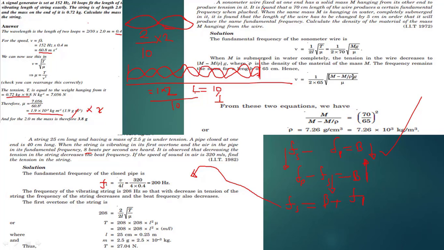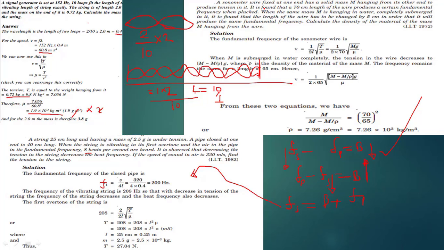So when it is hanging in water, it is completely submerged in it. It is found that the length of the wire has changed by 5 cm in order that it will produce the same fundamental frequency. Okay, calculate the density of material of the mass hanging from the wire.